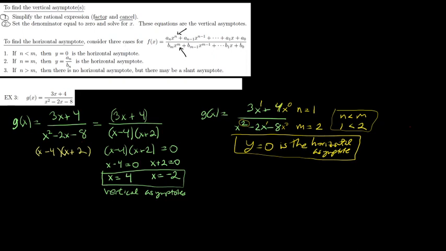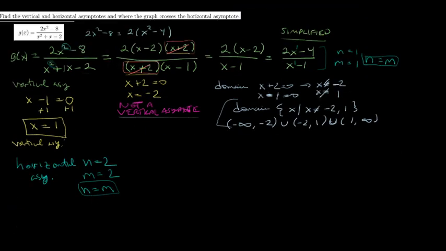So what does that mean? Now we're in case 2 here, where n equals m. And in this case, it's a little more complicated. We have to actually divide the leading coefficients of the numerator and denominator. The leading coefficient for the numerator, the an, if you will, is just 2. So we're going to get a horizontal asymptote of y equals, in general, an over bn.